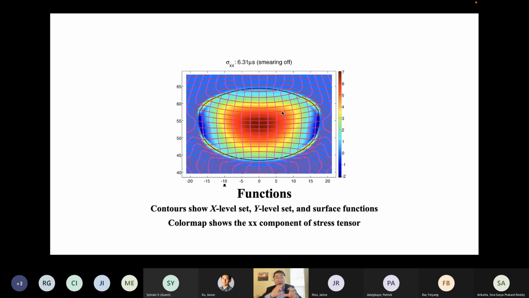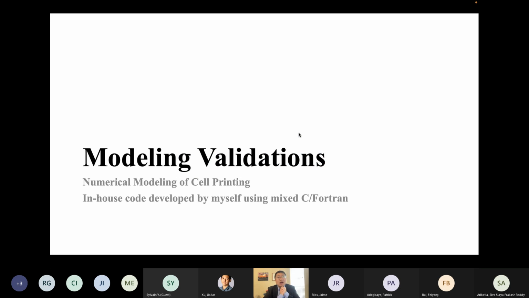Our model can capture the rotation, just that in this specific calculation we have an axisymmetric situation, so we don't see rotation. This is the stress tensor component, sigma xx, the xx component of this tensor.